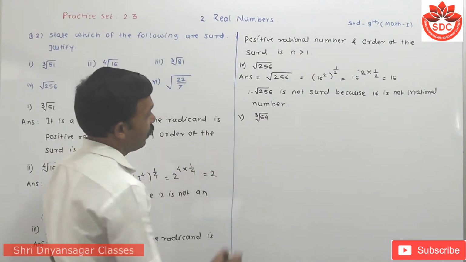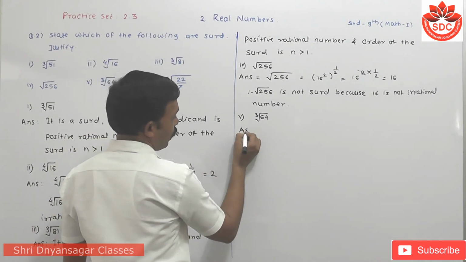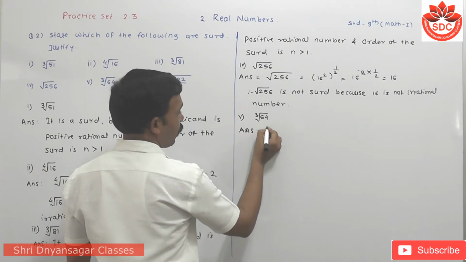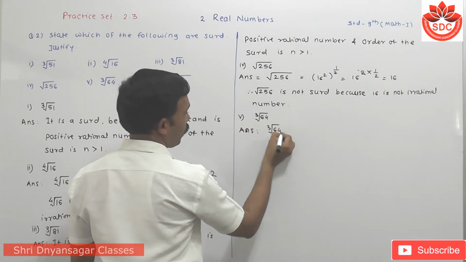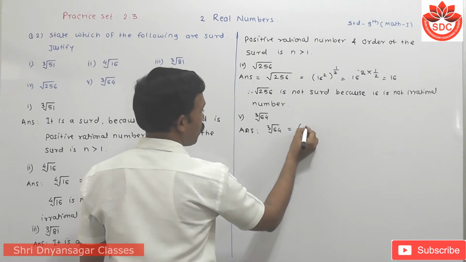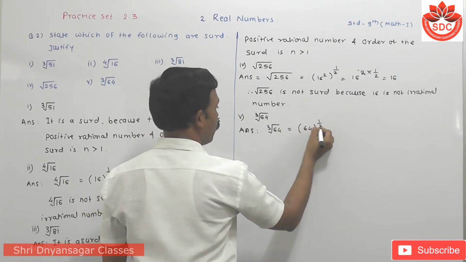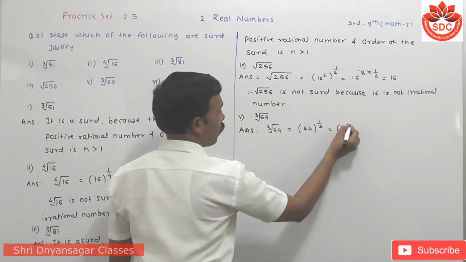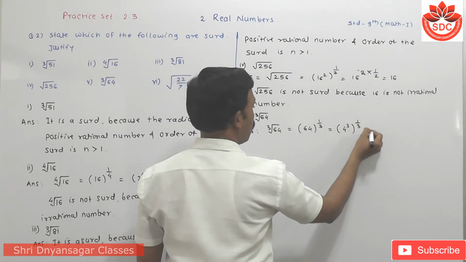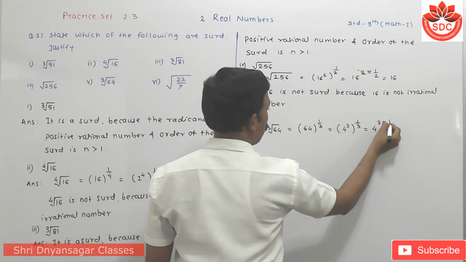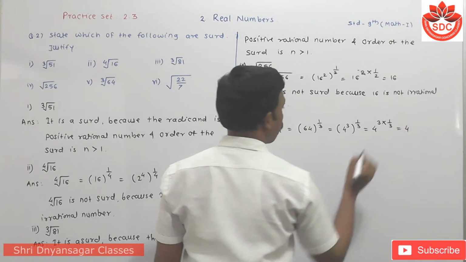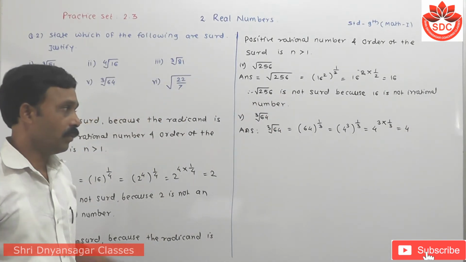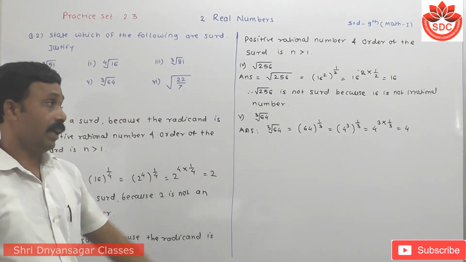So first we solve this: the cube root of 64 is equal to 64 raised to 1 upon 3, which is equal to 4 cubed raised to 1 upon 3, which is 4 cubed into 1 upon 3, equal to how much? 4, which is not an irrational number.